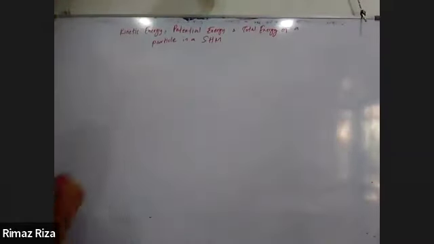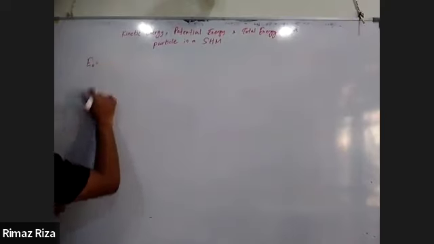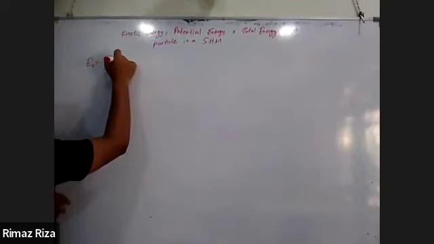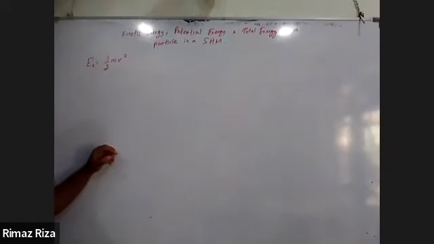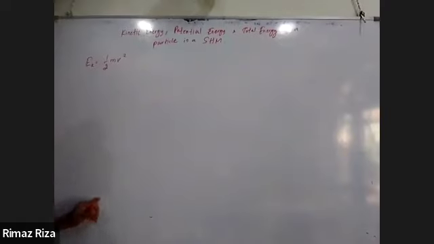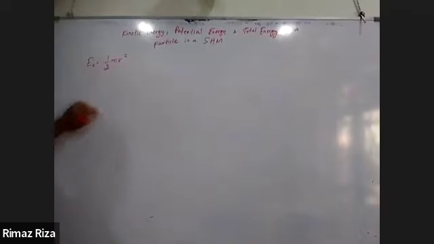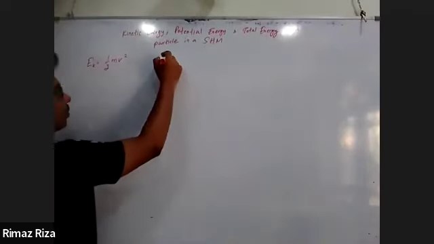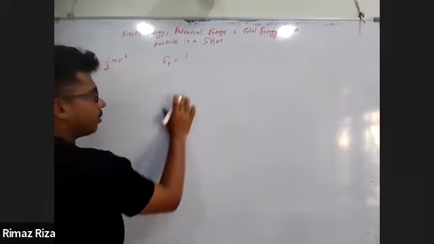So the kinetic energy E_K is given by half mv squared. And then the potential energy E_P is given by the elastic potential energy.